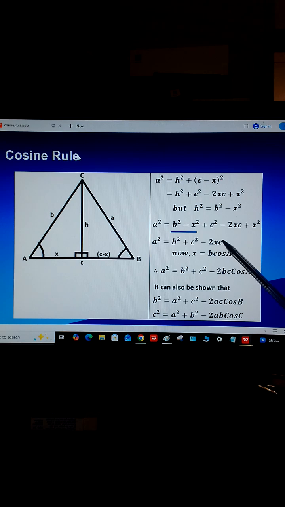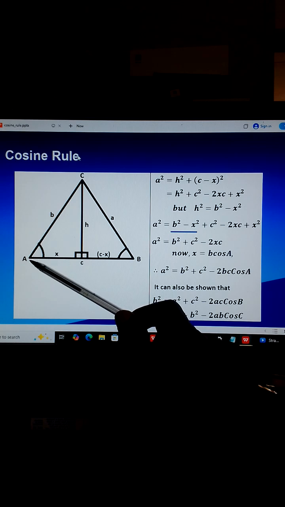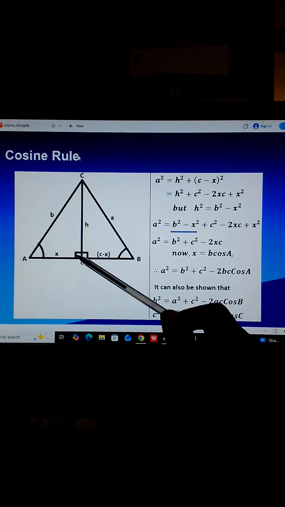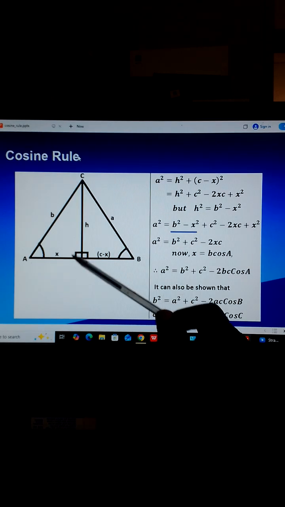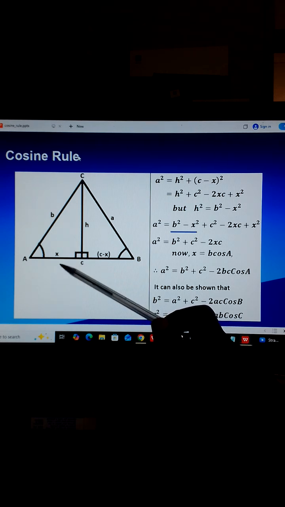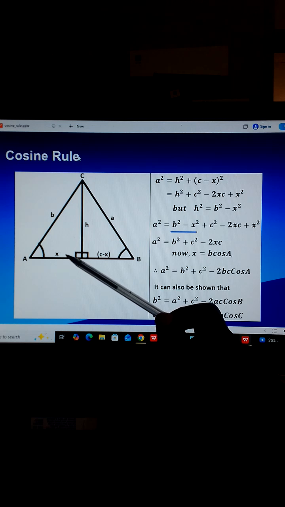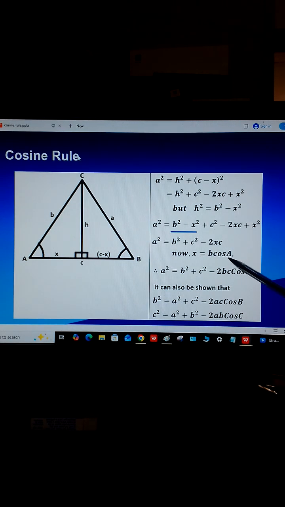Now, in this part of the triangle, we have this angle A, and the cosine of this angle is equal to the adjacent side over the hypotenuse. So cos A is equal to x over b. If we make x the subject of the equation, then x is equal to b cos A. So we can substitute the value of x in this equation.